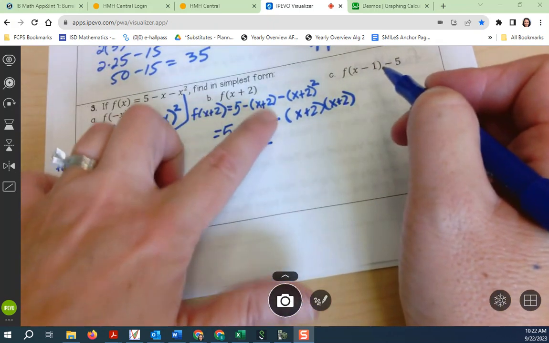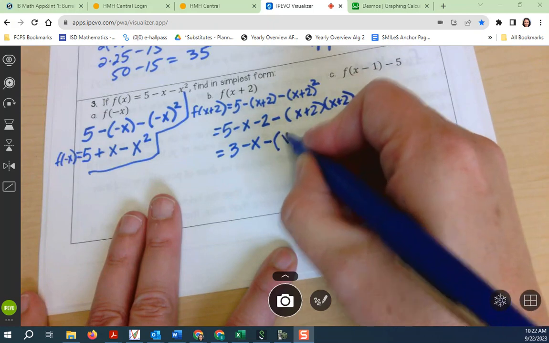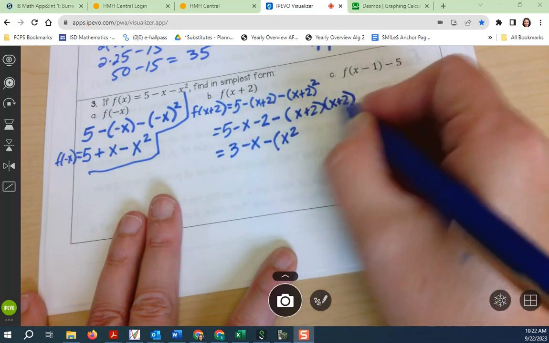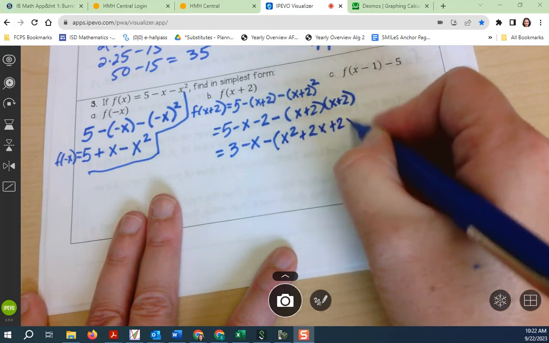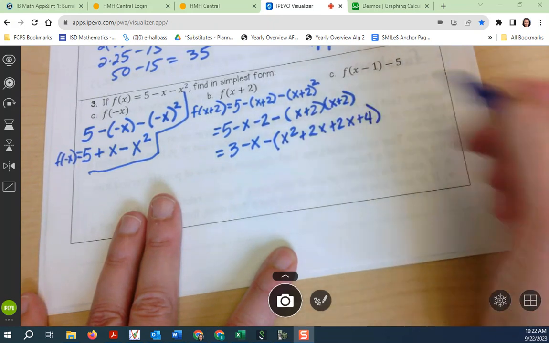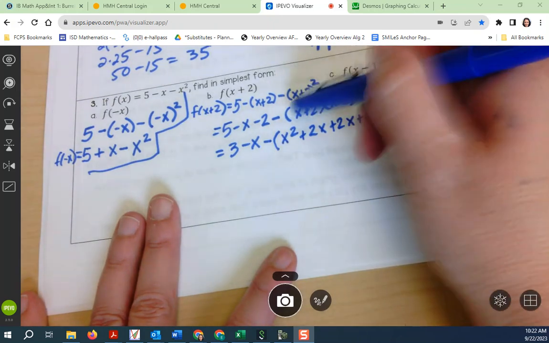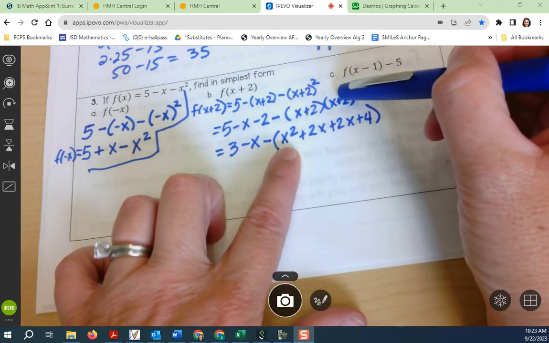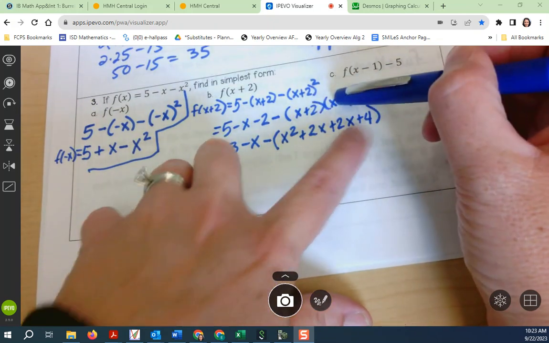But I'm still not distributing this minus yet because I just want to see what I'm going to get out of all this. So x squared and a 2x, 2x and 4. So I did x times x, x squared, x times 2 is 2x, 2 times x is 2x, and 2 times 2 is 4.